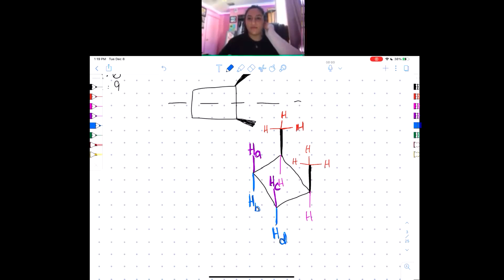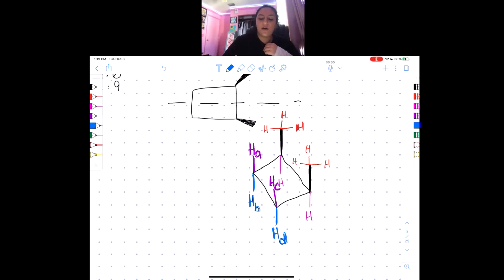Okay, so then the follow-up question to that is, would the geminal hydrogens be heterotopic or diastereotopic? So since there's a line of symmetry, we don't have true chirality. So it's kind of hard to give those names like heterotopic, diastereotopic, things like that.